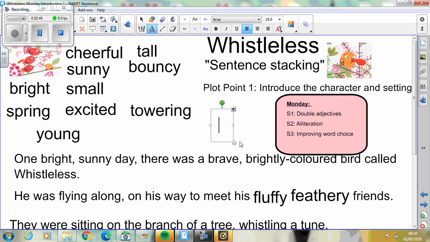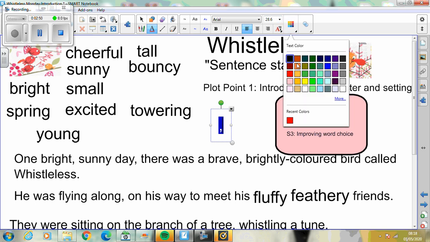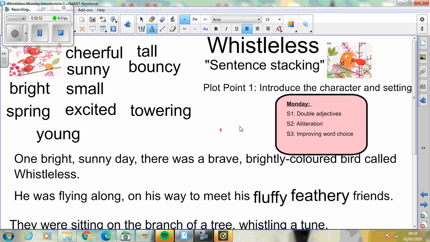There we go. And the comma needs to go between fluffy and feathery. So I'll put it in red, and I'm going to insert it between the two adjectives. So there's one example of alliteration in this sentence. I wonder if we could add in another.